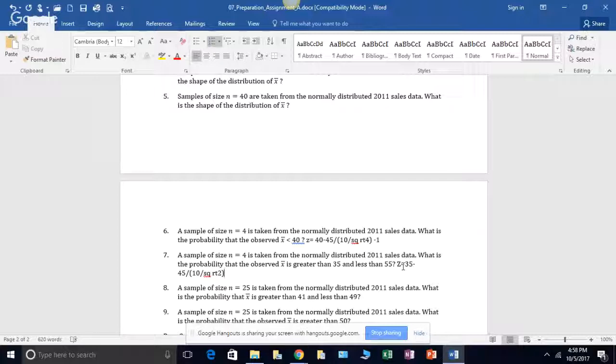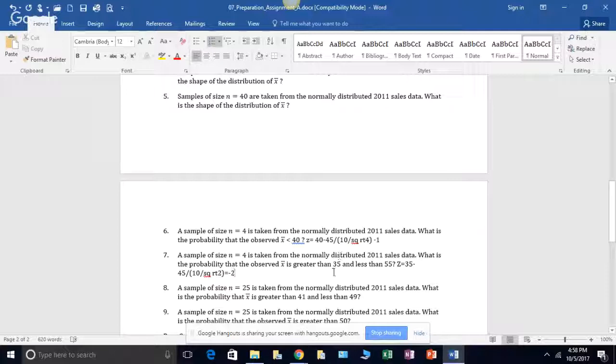So again, 35 minus 45 is -10, and we already knew the denominator was 5, so -10 divided by 5 is -2.